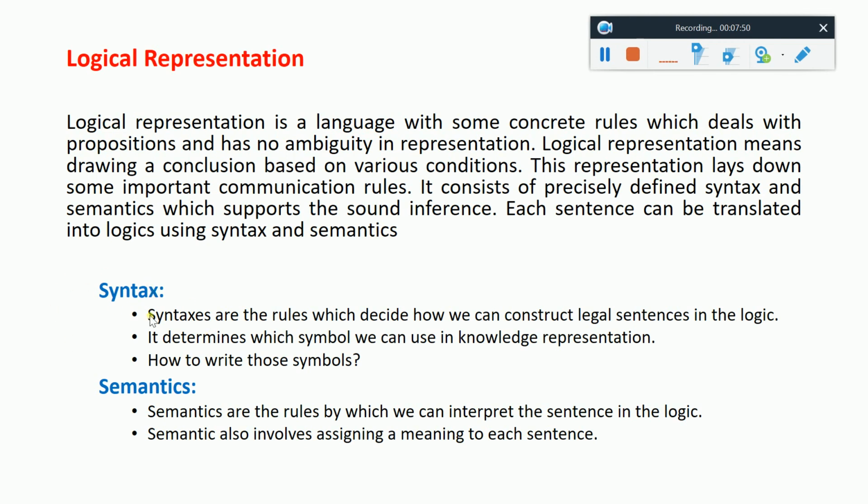So syntax is basically the grammar of any language. So if logical representation is a language, then obviously syntax would represent the grammar of that language. And semantics are the rules by which we can interpret the sentence in the logic. That means we can interpret the meaning of the sentence in the logic. So semantics also involves assigning a meaning to each sentence.